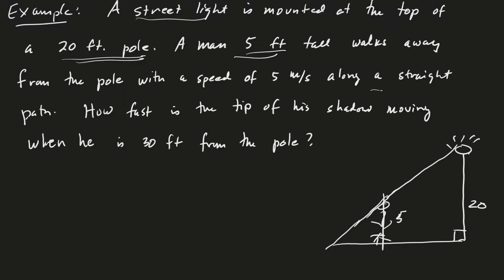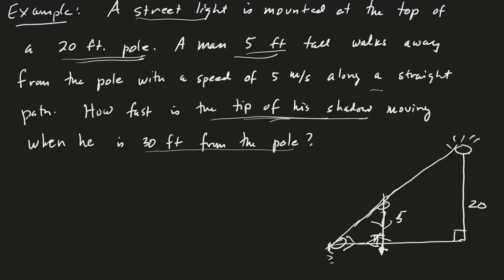Let's go ahead and see what we're needing here. How fast is the tip of the shadow moving when he's 30 feet from the pole? So here's the big question. Here's our shadow. How do you measure how fast the tip of the shadow is moving? Do you want to measure that against this position? Here's a hint.